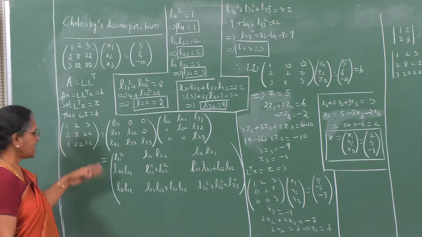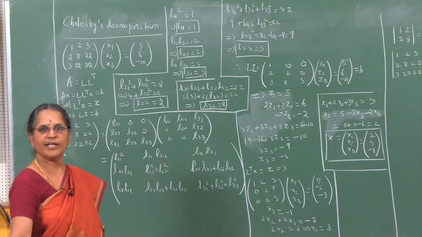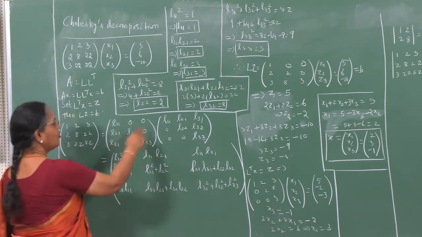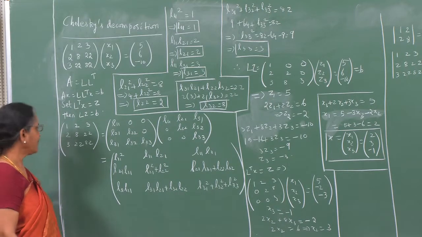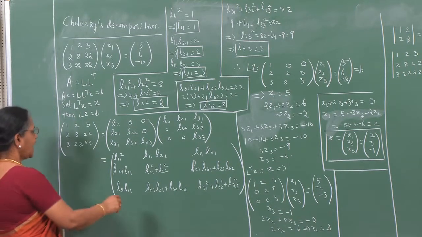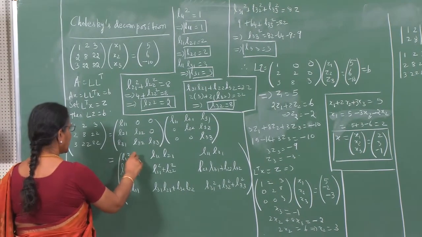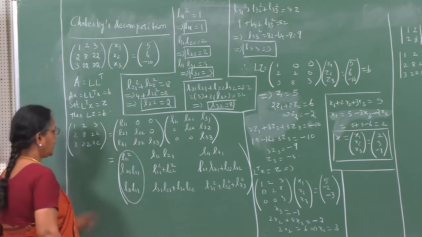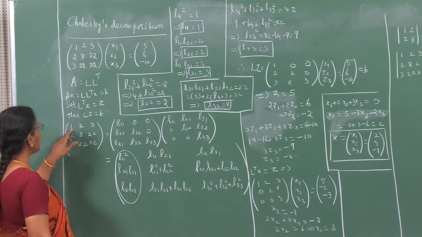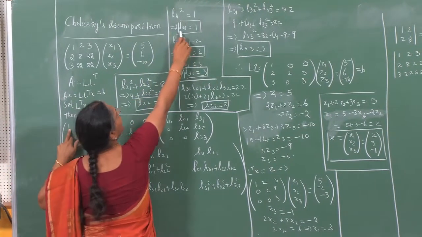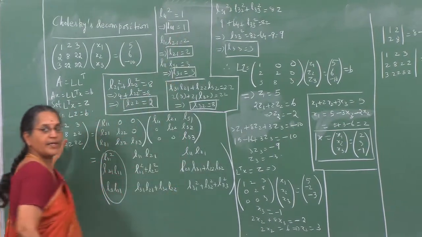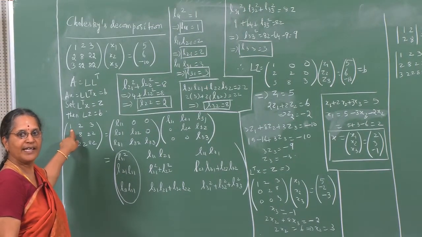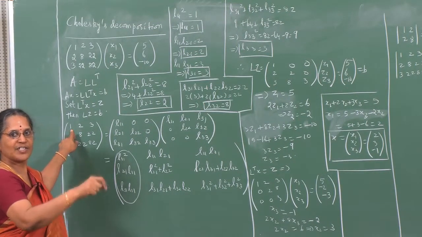So, we equate the corresponding entries and try to determine the Lij which appear as unknowns in the matrix L. We start with the first column entries in the resulting matrix. So, L11 square must be equal to 1, and so L11 = 1. Why do I take only the positive root? What is L11? It is the first row, first column element.